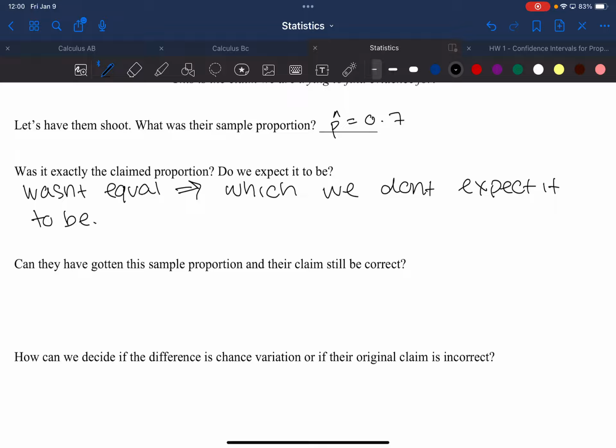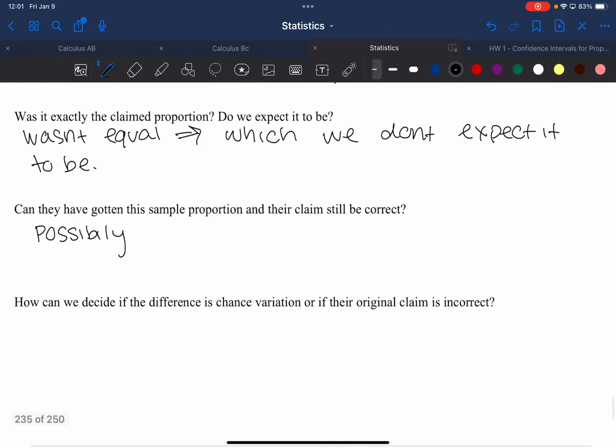It says, can they have gotten this sample proportion and their claim still be correct? Well, the answer is possibly, because again, it depends on each round that they complete, each simulation that they complete.